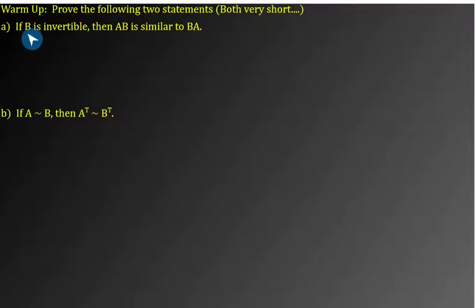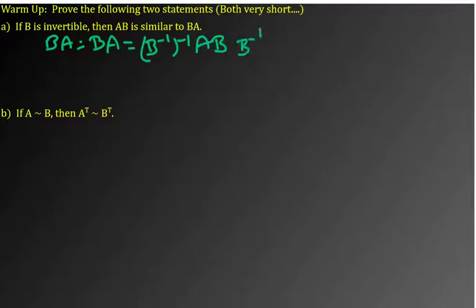So in this one, it's just saying if B is invertible, then you should be able to show that AB is similar to BA. To start off, I'm going to write a very silly but true statement: B times A is B times A. If B is invertible, we know B inverse exists, so I can write down B inverse, A, B, B inverse.